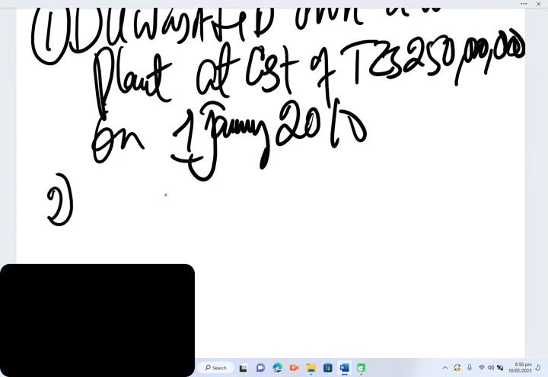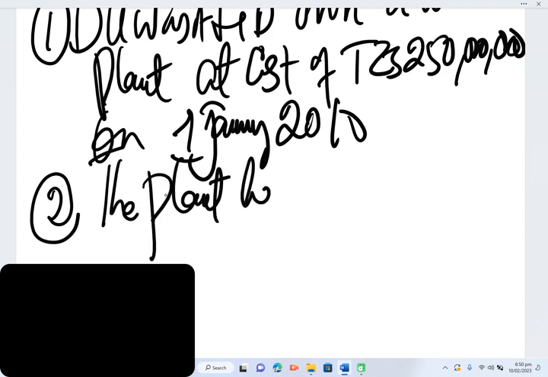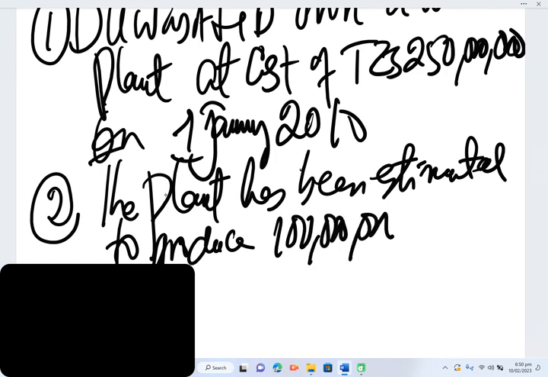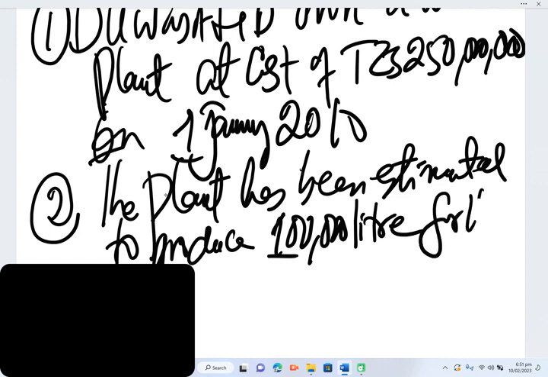See. Number 2, we are saying the plant has been estimated to produce 100 million liters for the life of 15 years.